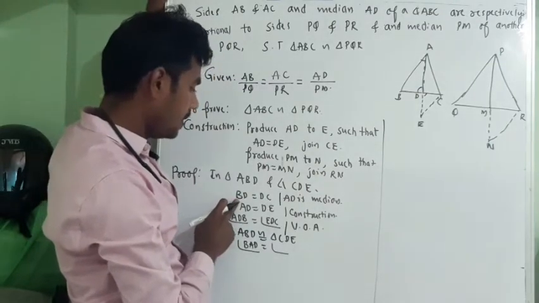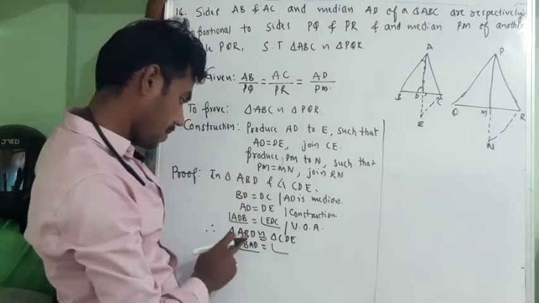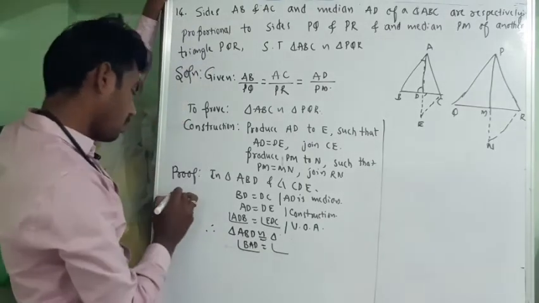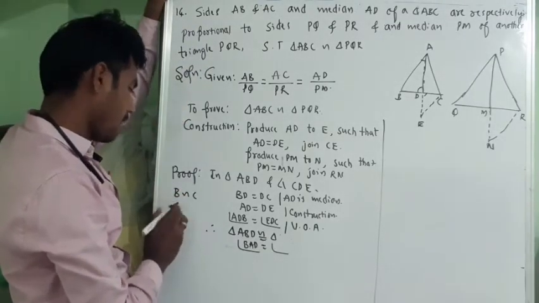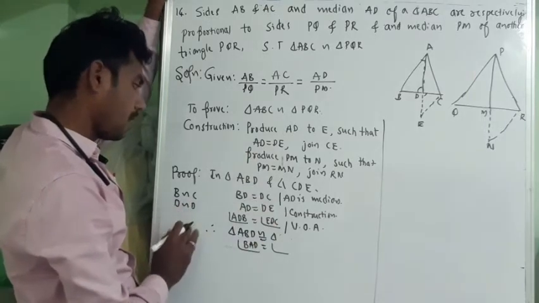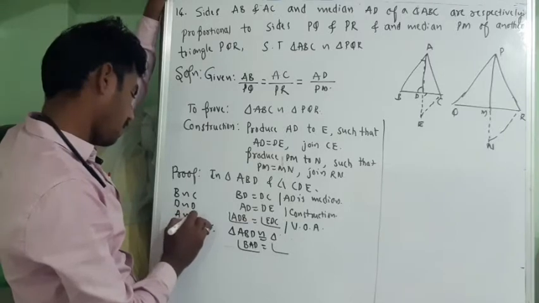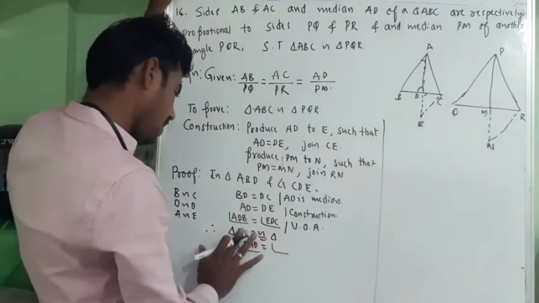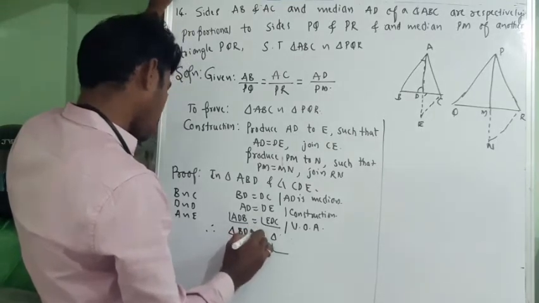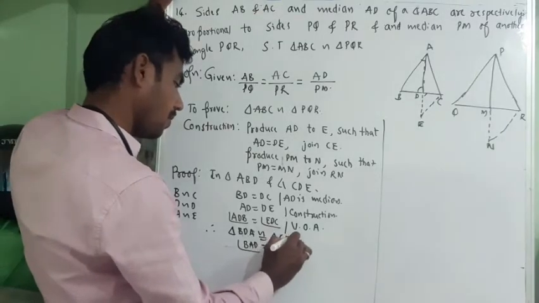BD is equal to DC. So B corresponds to C and D corresponds to D. Next, A corresponds to E. So triangle BDA is congruent to triangle CDE. We should be careful. Okay.